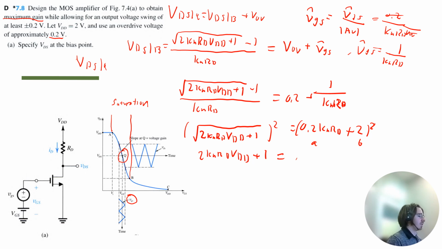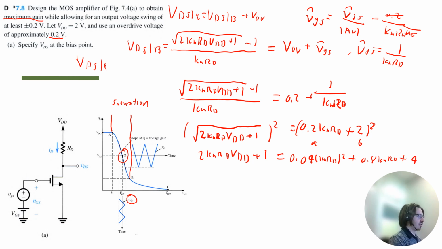So that is 0.2 squared, which is 0.04 times Kn Rd, again treating Kn and Rd as just one variable for now, plus 2 times a times b, so 2 times 2 is 4, multiplied by 0.2 would be 0.8 Kn Rd, plus b squared, which is 4.